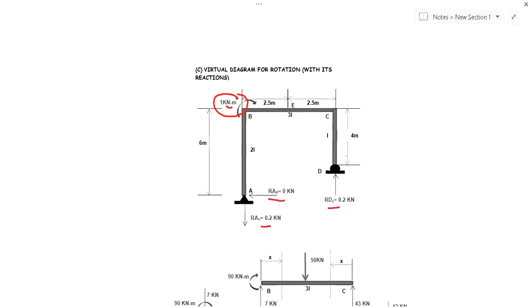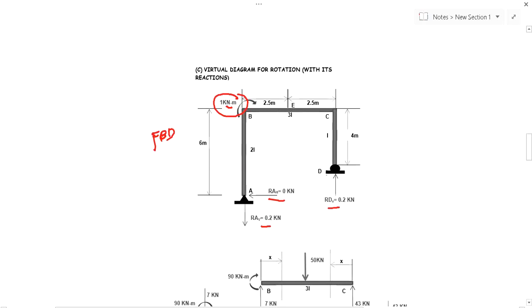So this will now be our FBD for rotation: 0, 0.2, and 0.2.